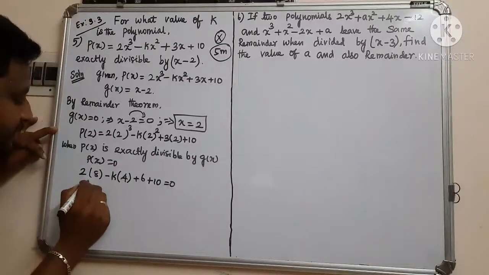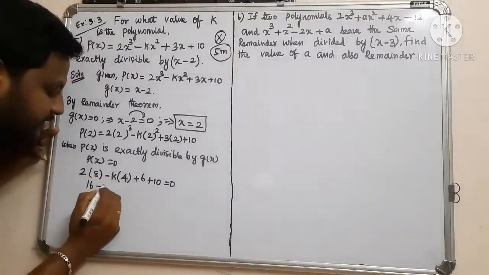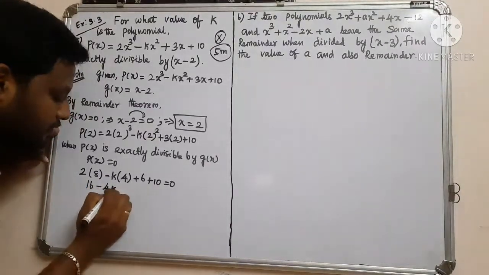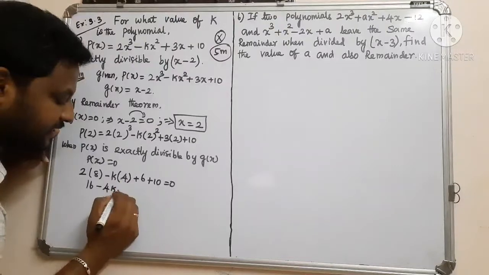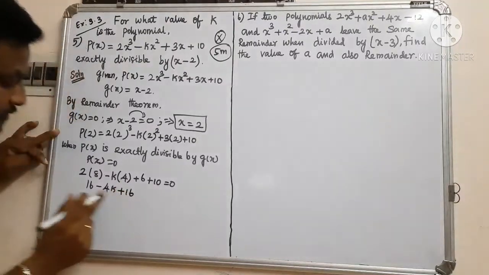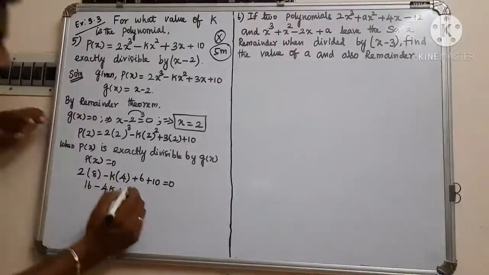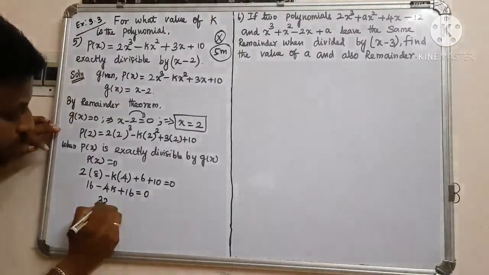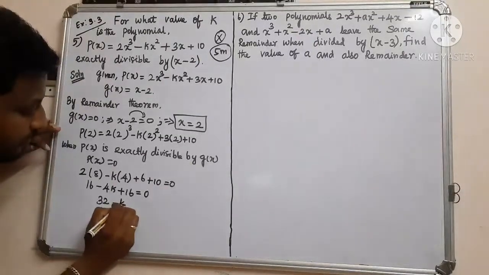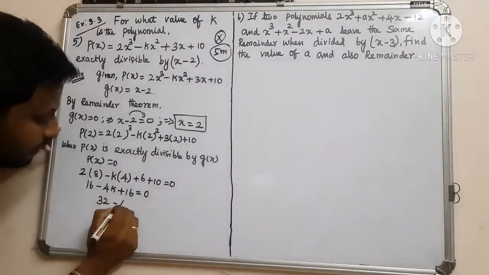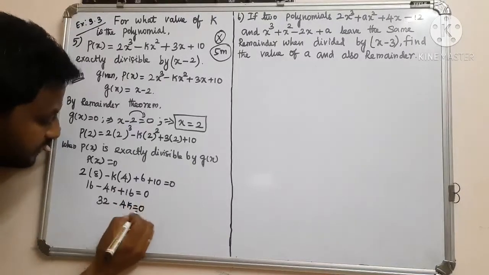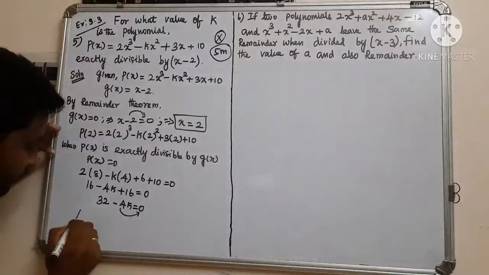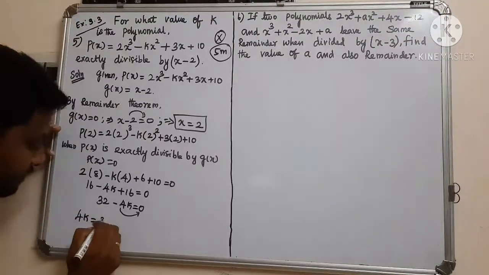So 8 2s are 16, minus 4k, six plus 10 is 16. So 16 plus 16, which is equal to 32. So 32 minus 4k is equal to 0. Then minus 4k will change into plus 4k. So 4k is equal to 32.